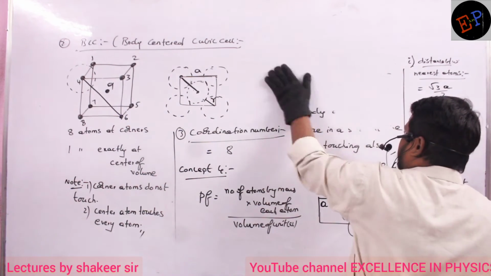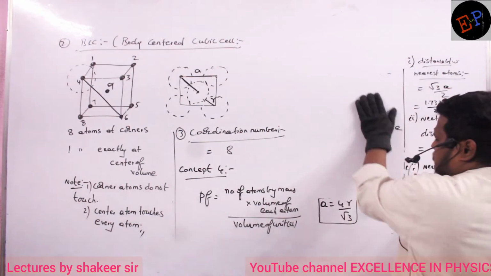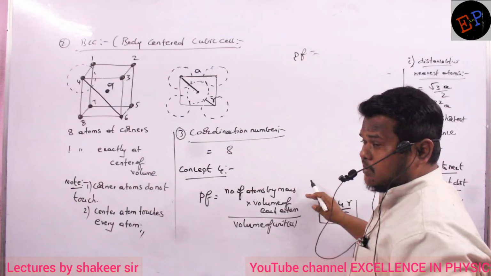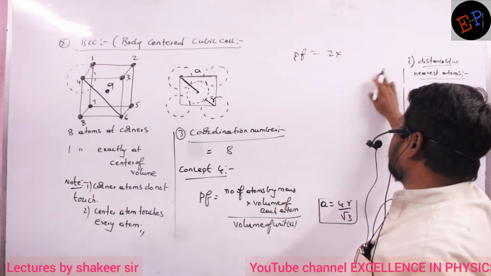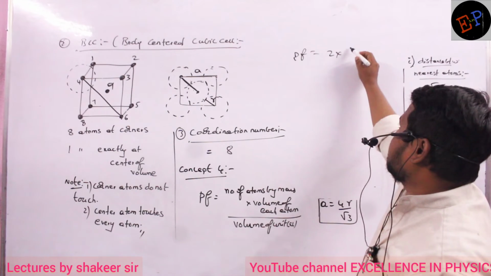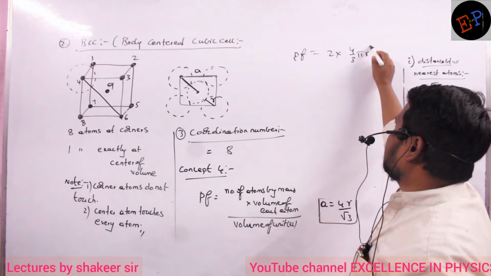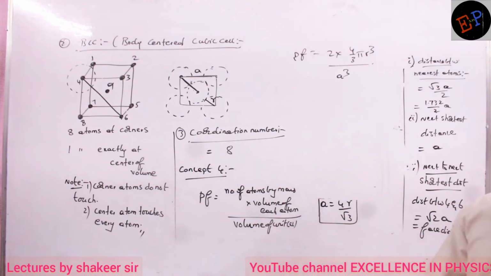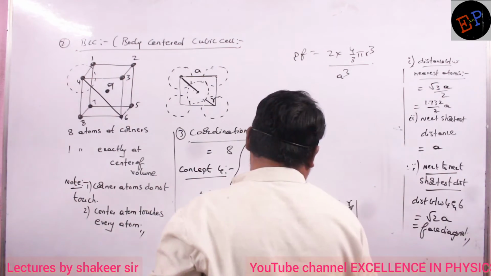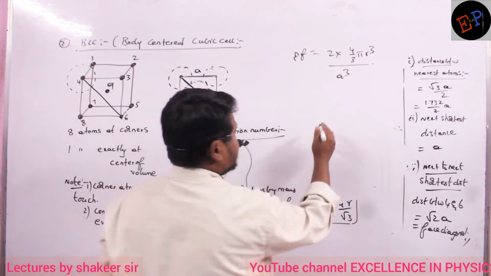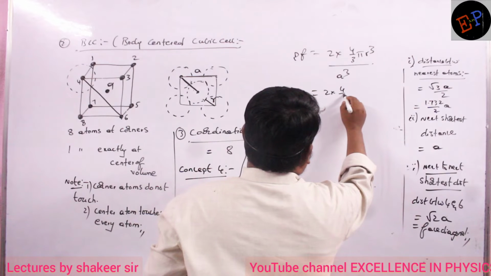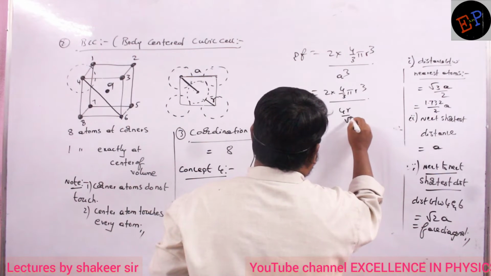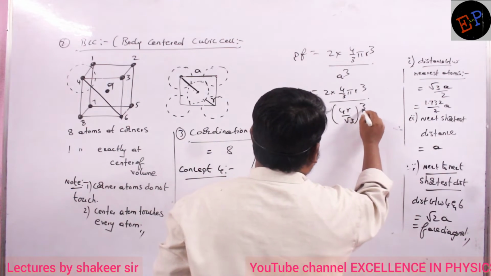Now see. Therefore packing fraction is equal to: how many atoms are enclosed? 2 atoms are enclosed by BCC, multiplied by the volume of each atom, 4 by 3 pi r cube, and the volume of the unit cell is a cube. That's all, no? Substitute: instead of a, I can write 4r by root 3. So 2 into 4 by 3 pi r cube divided by 4r divided by root 3 whole cube.